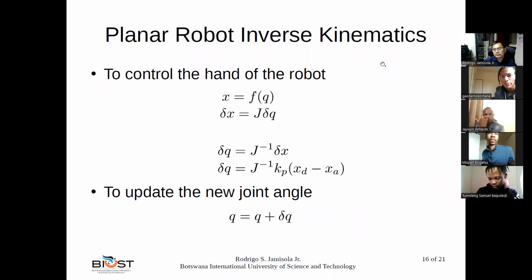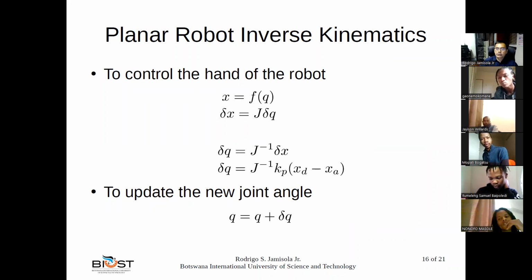So now we move to the inverse kinematics topic. I want to go slowly here because this is something that I really want you to understand. It's easier to understand in terms of the planar robot because we can imagine it.